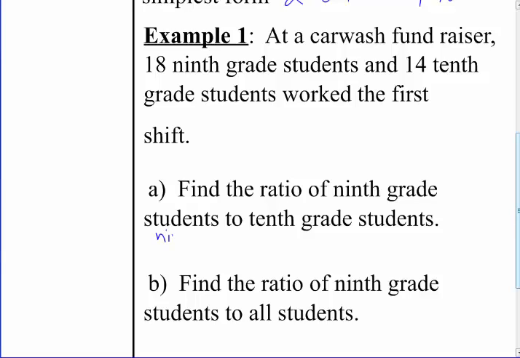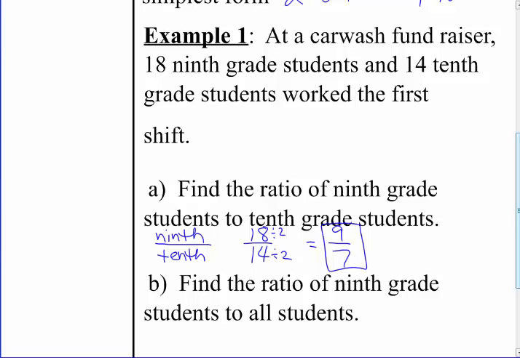So we're comparing 9th grade students to 10th grade students, 18 to 14. And then don't forget we need to simplify. So you would divide the top and bottom by the same number, in this case 2, and you get 9 over 7. So the ratio of 9th grade students to 10th grade students is 9 to 7.